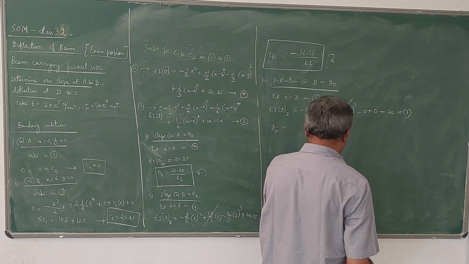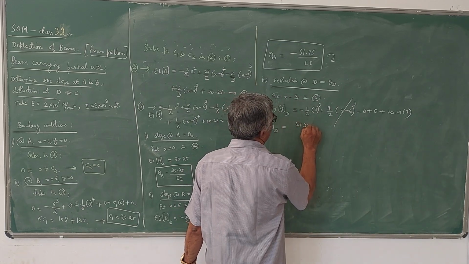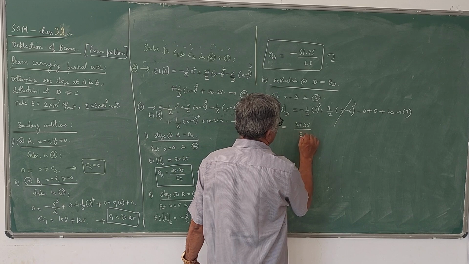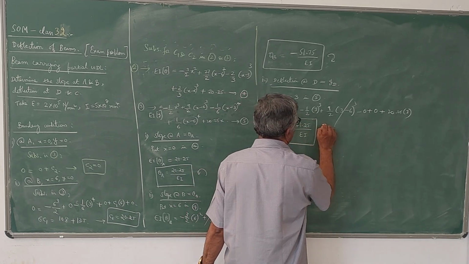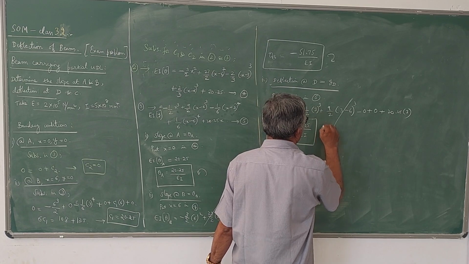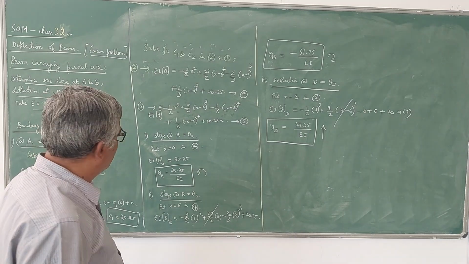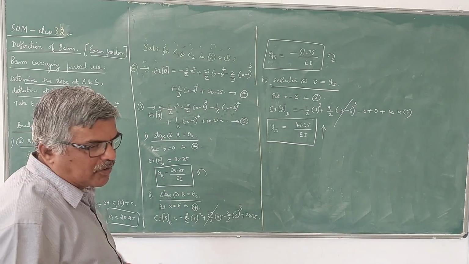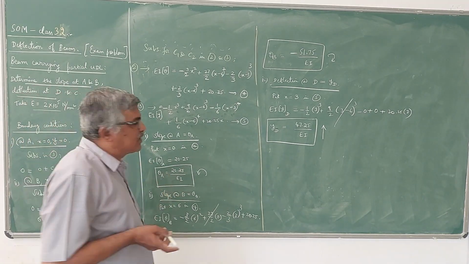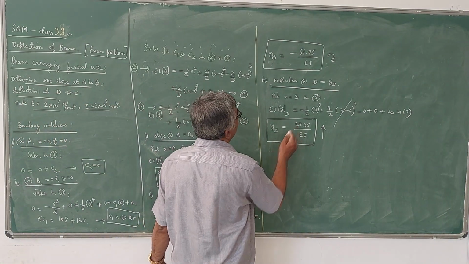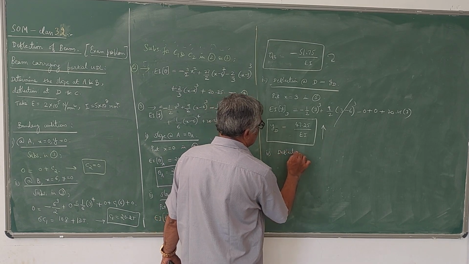So you will get the value as 47.25 divided by EI. You are getting a positive value of deflection, which means the deflection is upwards. You will not always know this initially. Once you get the final value, then you can write the deflected curve. So it is an upward deflection.